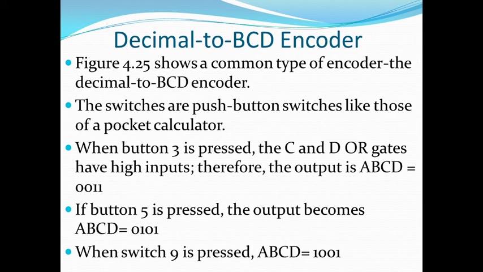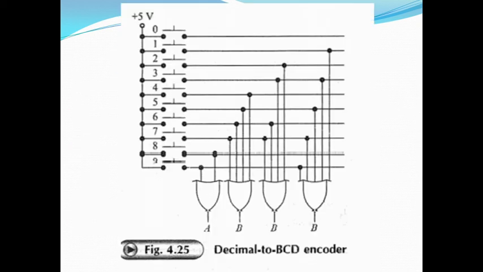That can be done in a circuitry with some gates and switches. Figure 4.25 shows a common type of encoder, the decimal to BCD encoder. The switches are push button type, like those of a pocket calculator. This is a normal decimal to BCD encoder.